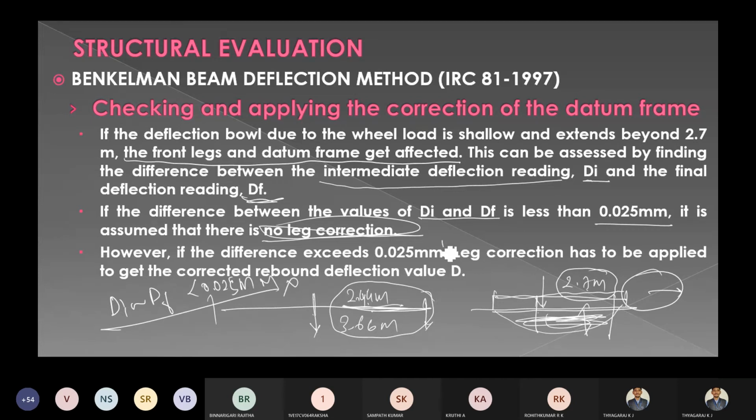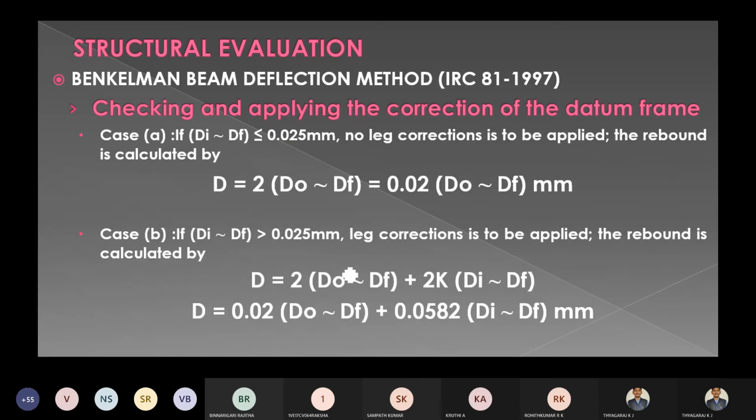If it is exceeding 0.025 mm, we require some leg correction. Okay, we will see what that leg correction is. So, if the DI and DF difference is less than or equal to 0.025 mm, no leg correction is applied.